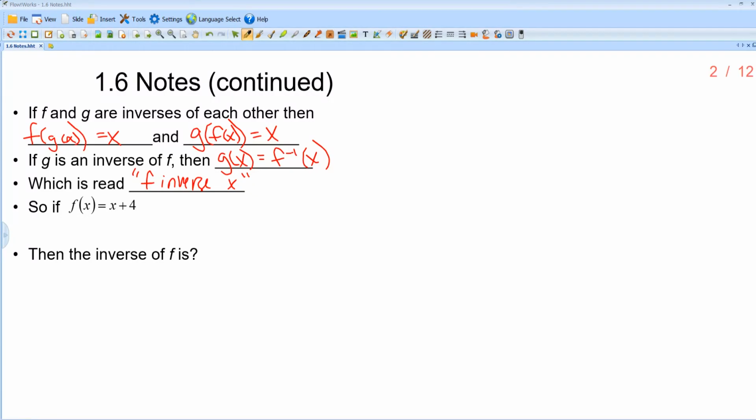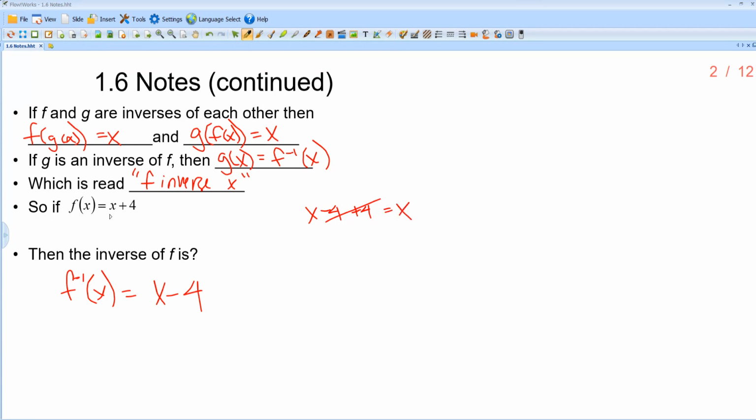So if f of x is equal to x plus 4, then the inverse of f is going to be equal to x minus 4. Your reasoning for that, and we'll talk about how to actually come up with these, but the reason that that's the inverse is because if I take x minus 4 and substitute it in for x, so I just replaced x with x minus 4, then I have a plus 4, I would get x.